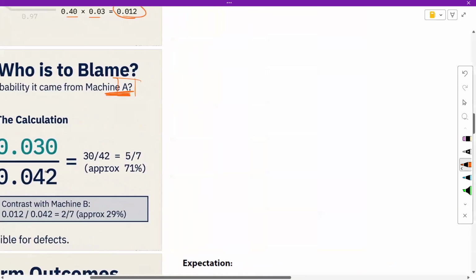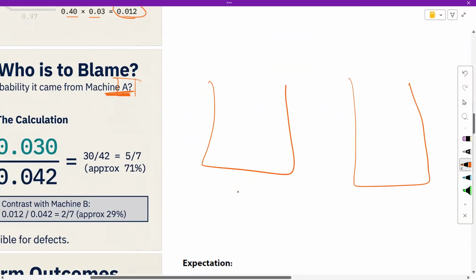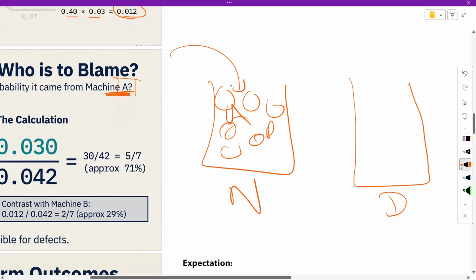For example, there are two baskets. This basket is for normal or good condition items, and this is for defective items. All normal goods produced by machines A and B are put together in this basket, and all defective items are put in this basket: defective A and defective B.